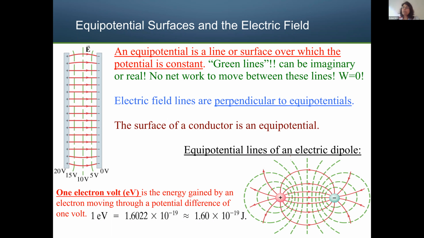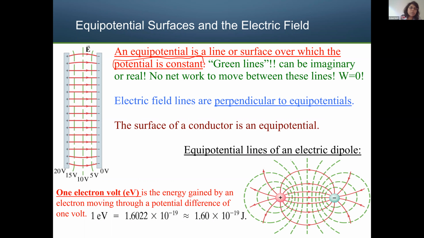So now, equipotential basically means a constant-potential line, we call it an equipotential line. If it is a line, that will be an equipotential line. If it is a surface, that will be an equipotential surface. If it is a volume, that will be an equipotential volume, right? It depends on the shape of the object. So now in this case, we have a potential line.